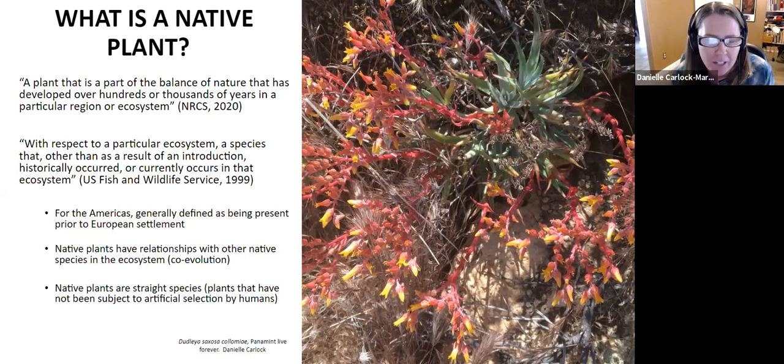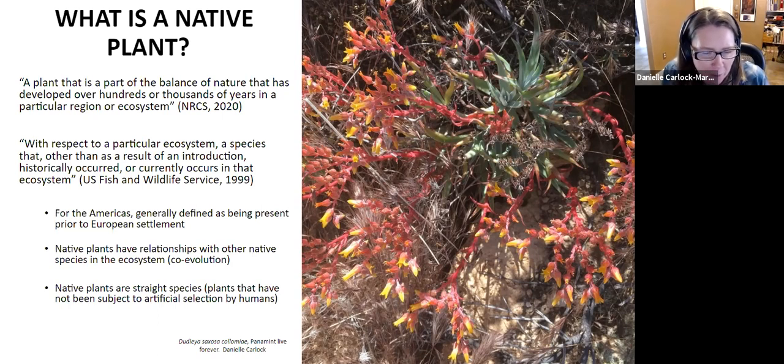And again, I want to emphasize this idea of relationships with other native species in the ecosystem, and that'll keep coming up. And also to draw a distinction between native plants and cultivars. A native plant has not been subject to any form of artificial selection by humans, such as selective breeding, where horticulturists select for certain traits and then breed to get those traits in larger numbers in each subsequent generation. Native plants have not been altered.